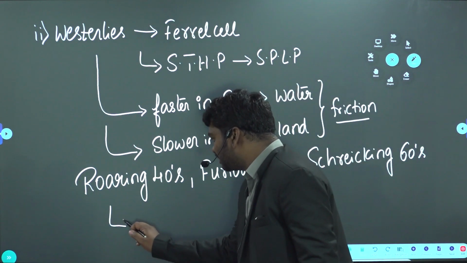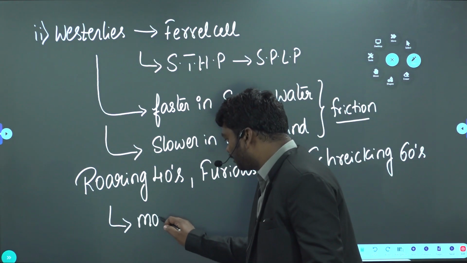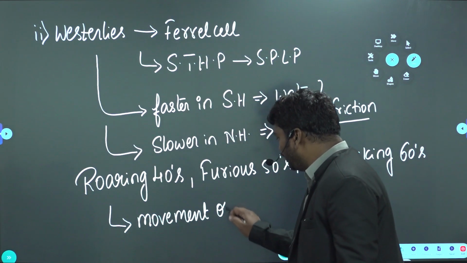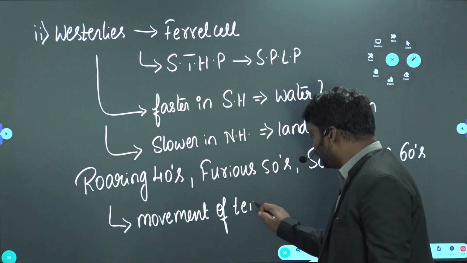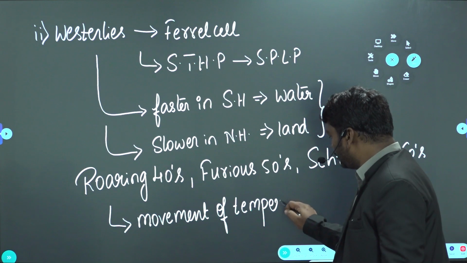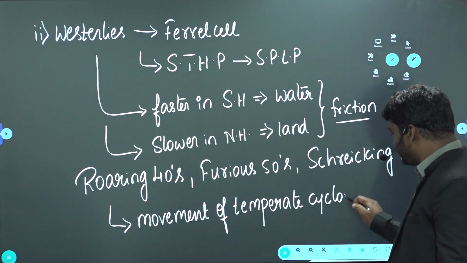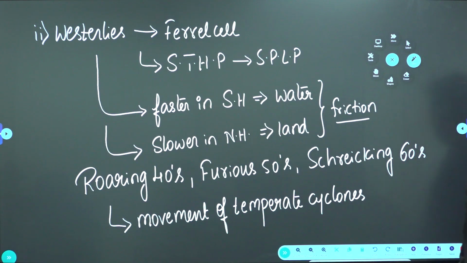Westerlies are responsible for the movement of which cyclones? Temperate cyclones. Temperate cyclones move from west to east because of westerlies.